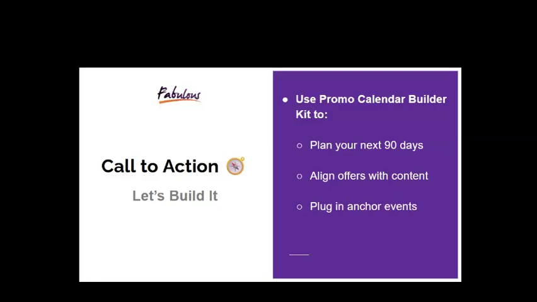Align whatever it is you're promoting with the content theme for that week or for that month. And then plug in anchor events. Remember, the anchor events are your big rocks. It's going to help with creating urgency and with visibility. This calendar of yours will become your path to consistency and cash flow.